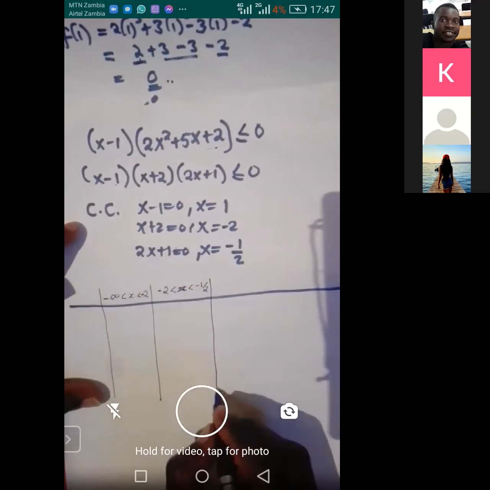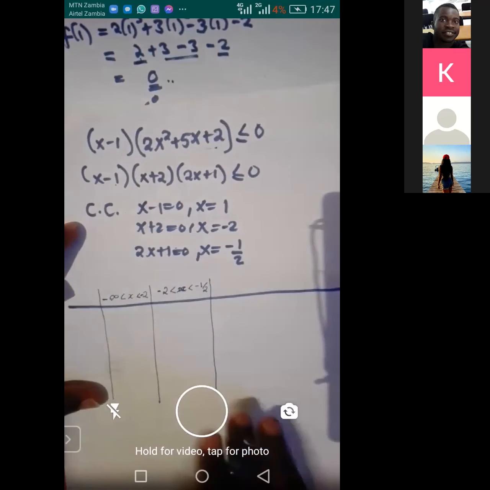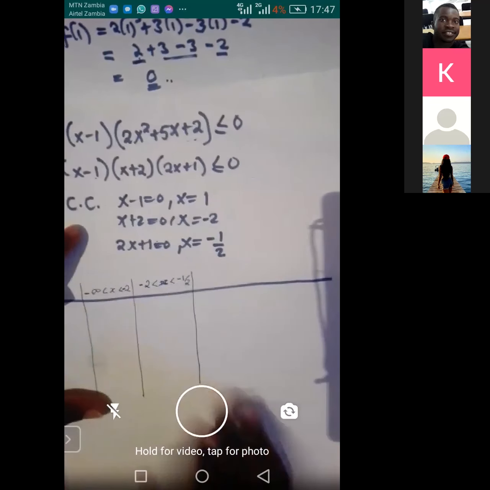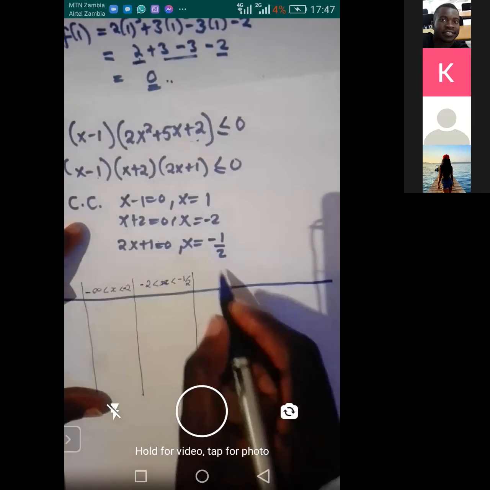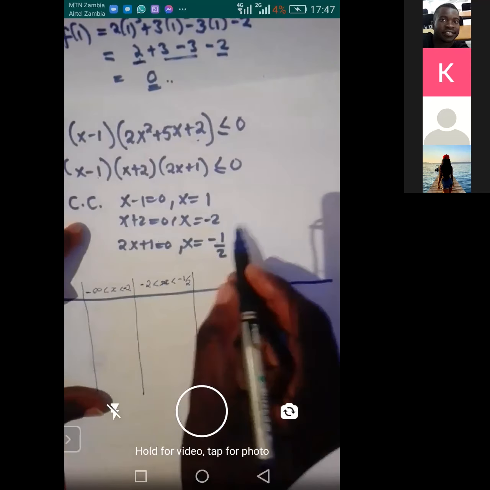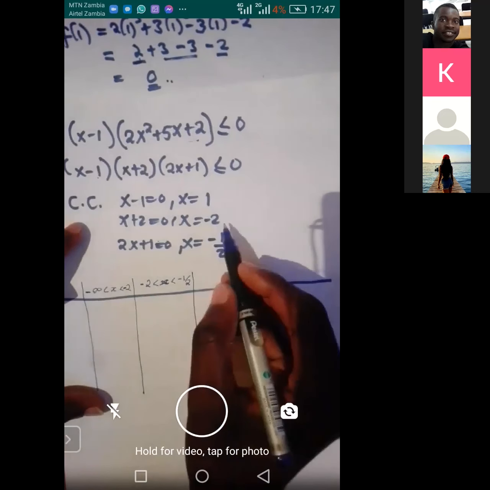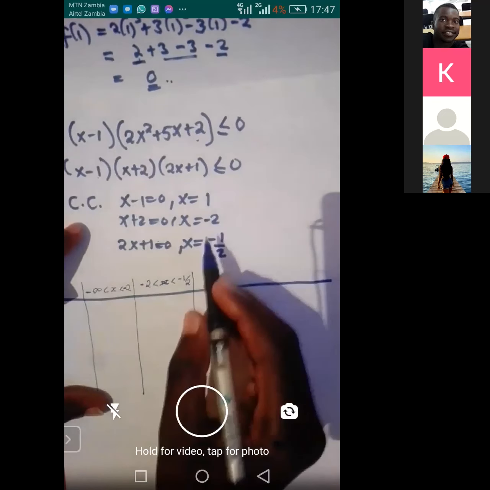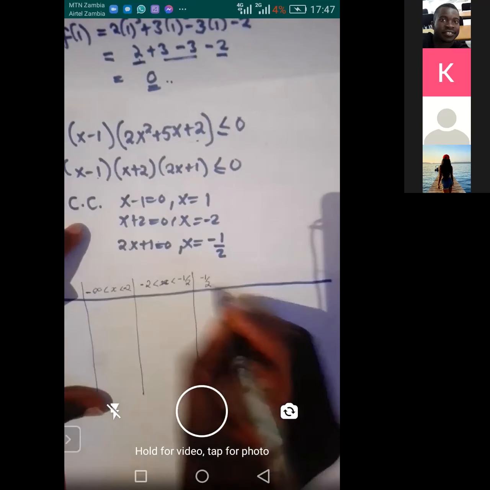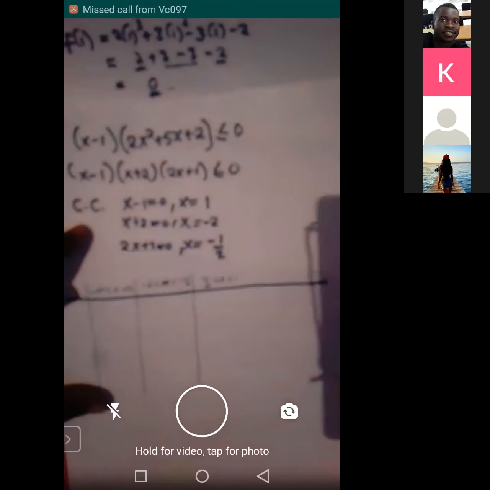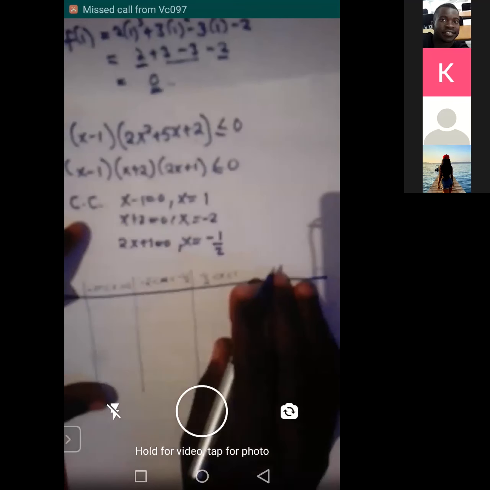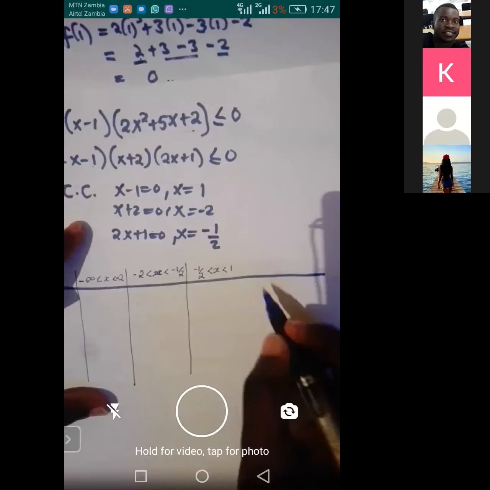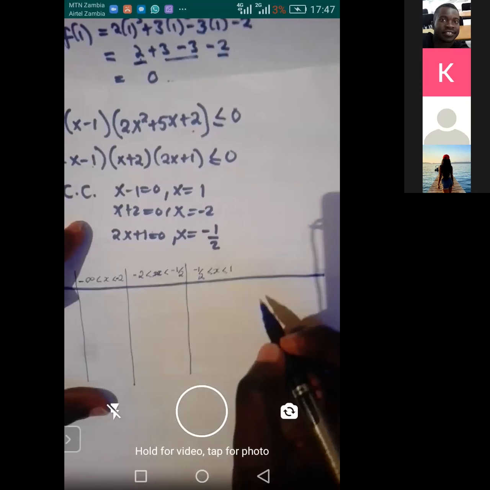Then we also have this interval from minus 1 over 2 to 1. Then we have another interval from 1 all the way up to positive infinity.